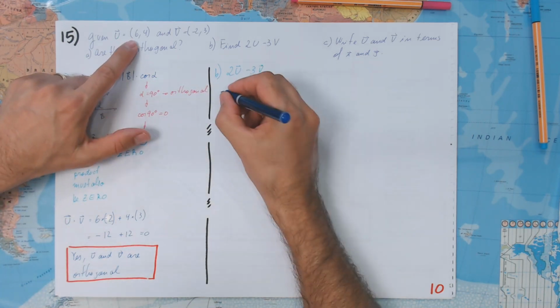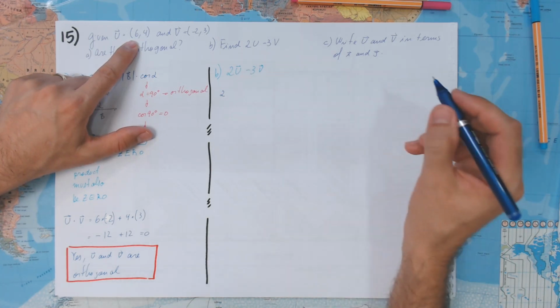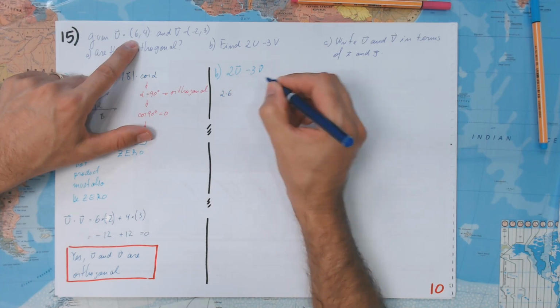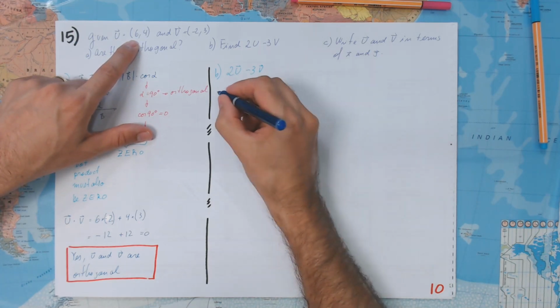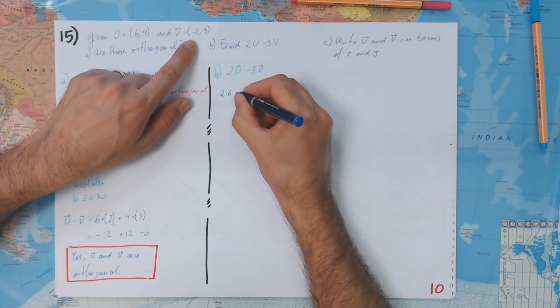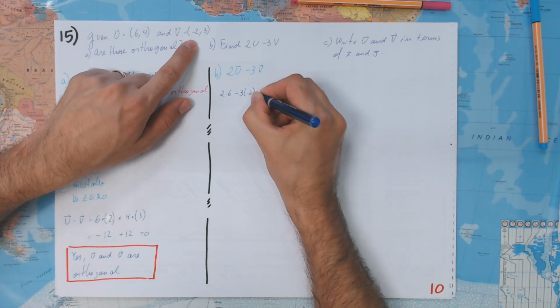It's going to be 2 times 6, twice u, minus 3v, minus 3 times minus 2.